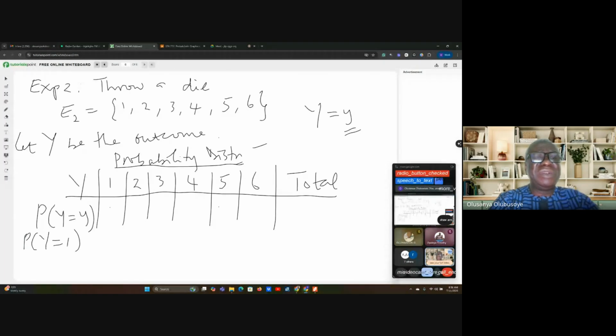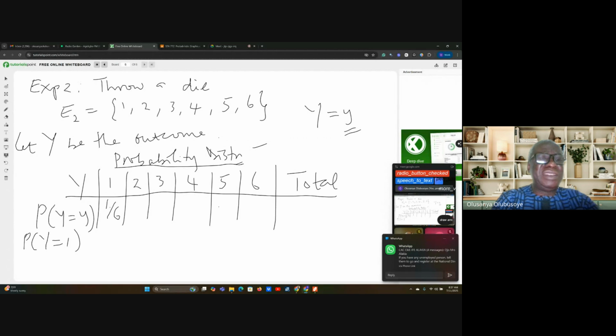So the probability would then be that favorable outcome. How many times do I have it here? It's only once. Then that will be 1 out of possible outcomes. What are the possible outcomes here? 6. So this will be 1 over 6.